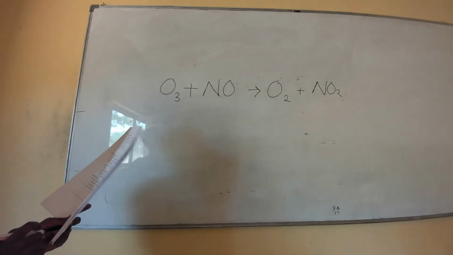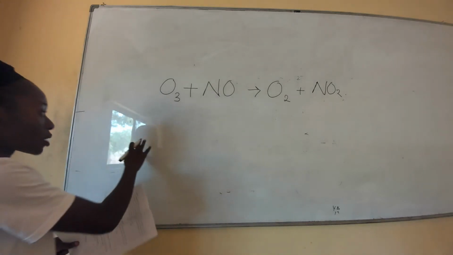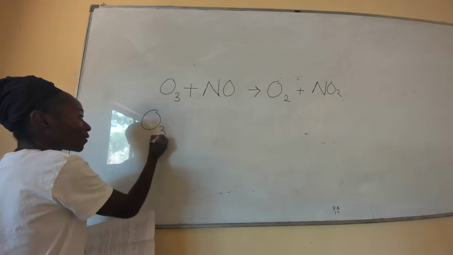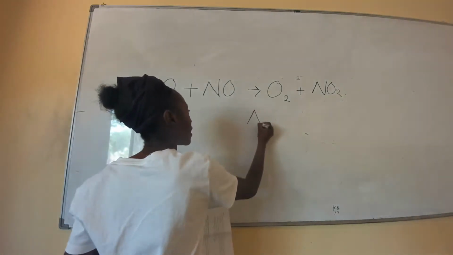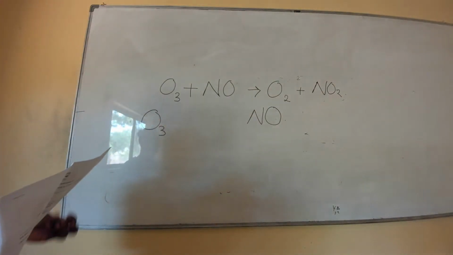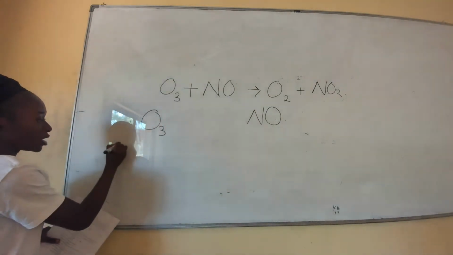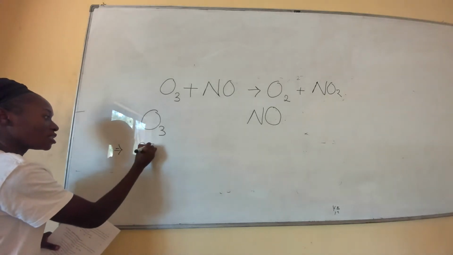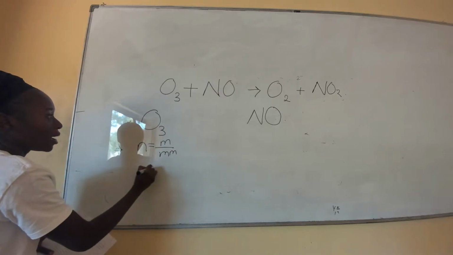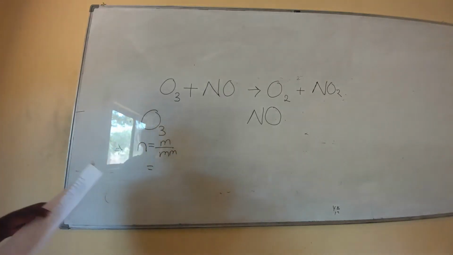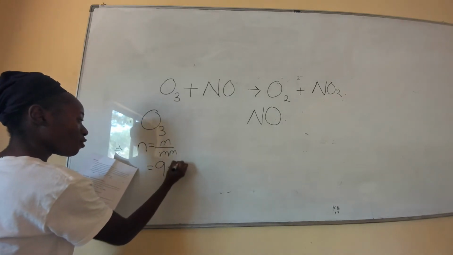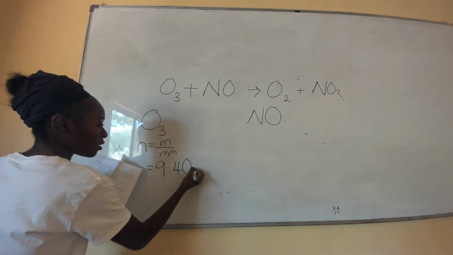So which compound will be the limiting reactant? To find the limiting reactant, we first find the number of moles. So in this case, we have O3, and then we also have NO. We know the formula to find the number of moles. We just say number of moles is equal to mass over our molar mass. And our mass for O3, which is ozone, in the question was given as 9.40 grams.